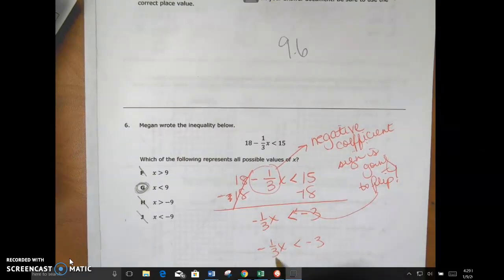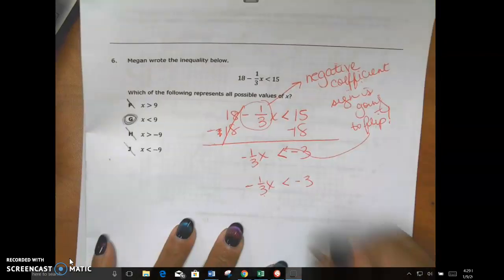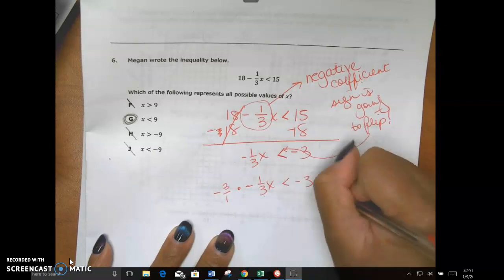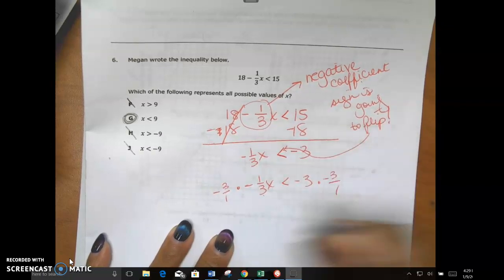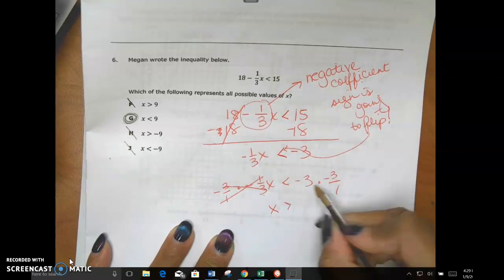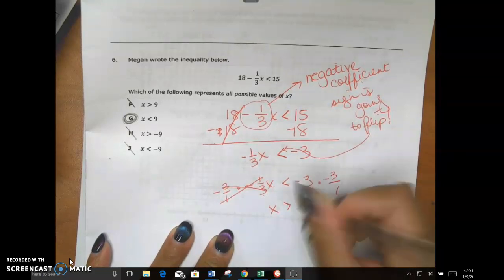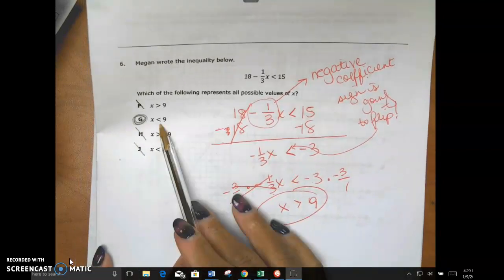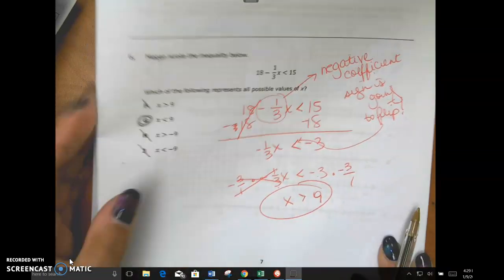Because I have a fraction here, I need to flip it and multiply. Negative 3 over 1 times negative 3 over 1. These cancel out. X, flip my sign, is greater than. Negative 3 times negative 3 is positive 9. X is greater than positive 9. That is why I got this question incorrect.